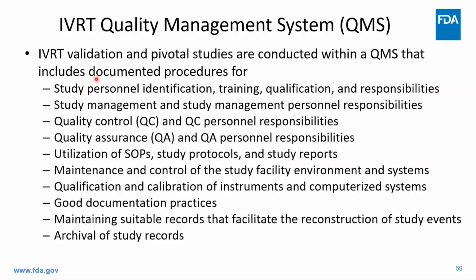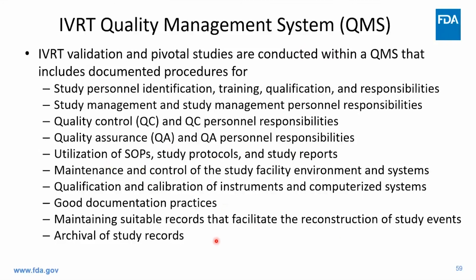And this includes documented procedures for study personnel identification, training, qualification, and their responsibilities, study management and their responsibilities, QC and QA processes and personnel and their responsibilities, the utilization of standard operating procedures, protocols and reports, maintenance and control of the environment, and qualification and calibration of the instruments and the computerized systems.